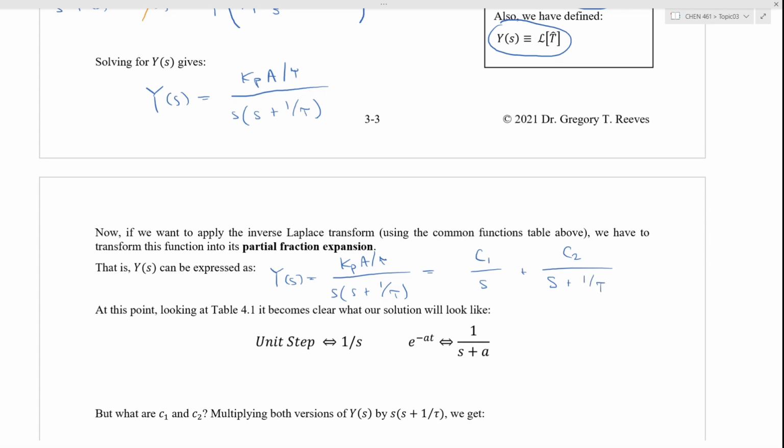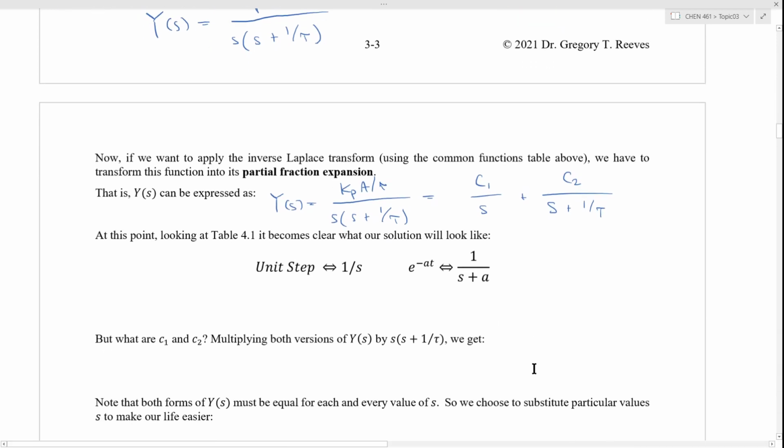So now it's on us to figure out the values of these two constants. Once we do, because we have these two terms that we can invert back into the time domain, we will find that T hat as a function of t is equal to c1 plus c2 e to the negative t over tau. So let's go ahead and figure out how to get c1 and c2.